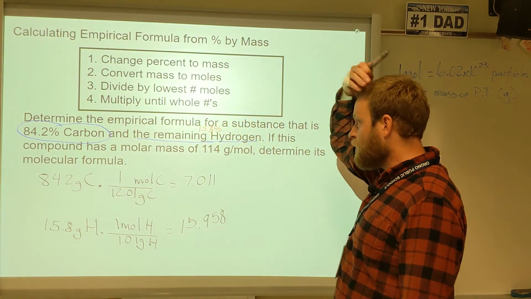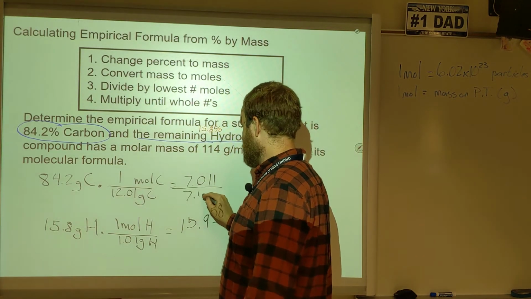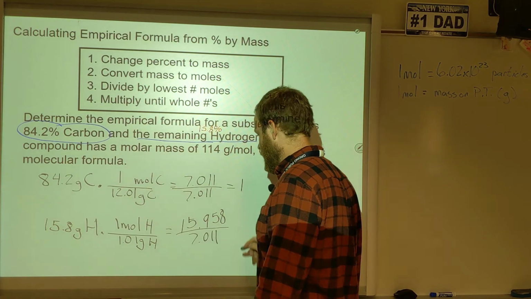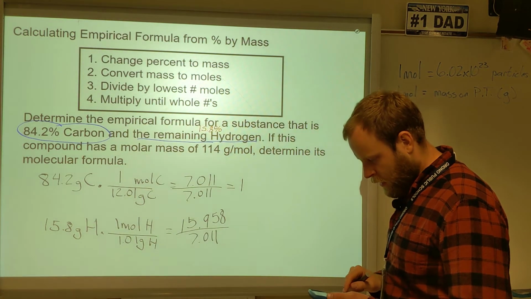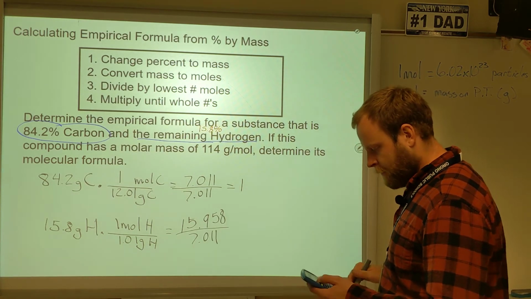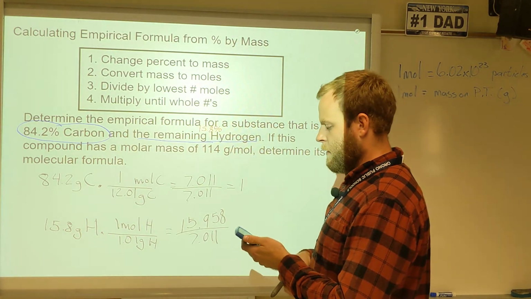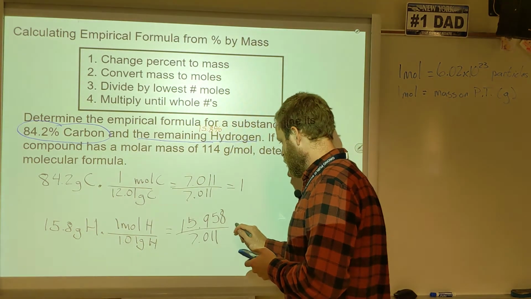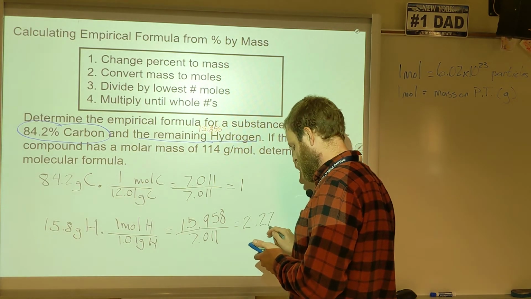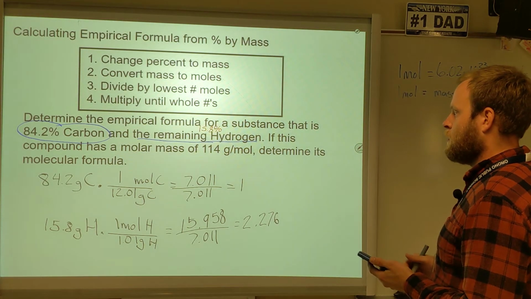Then you do step 3, divide by the lowest number. So which one's lower? This one, obviously. So this one's always going to be 1, the lowest number. You divide a number by itself, it's going to be 1. And then this one is what? 2.276.